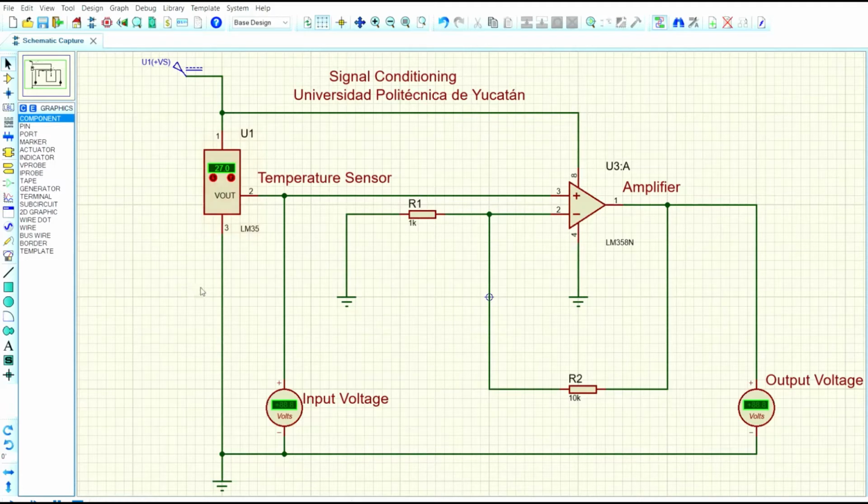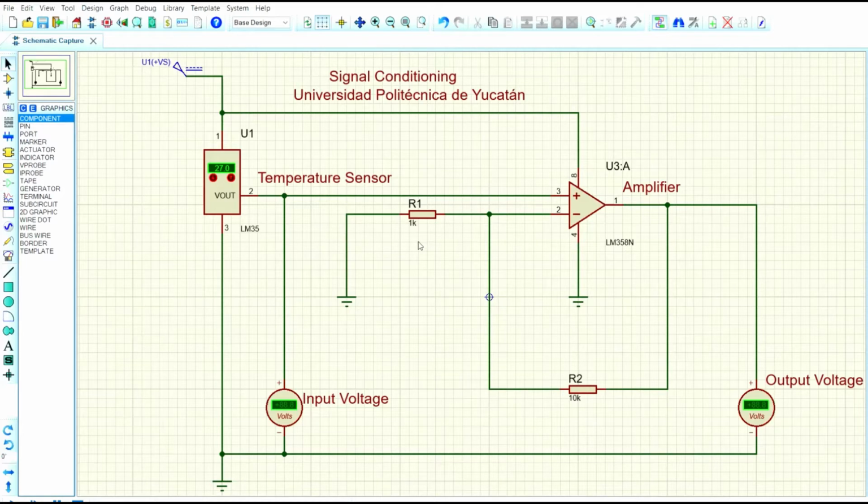Basically we have our temperature sensor, which is an LM35, and also our amplifier, which is the 358. These are our main elements, having the temperature sensor as the one that will be amplified and the amplifier as the one that will make the amplification.